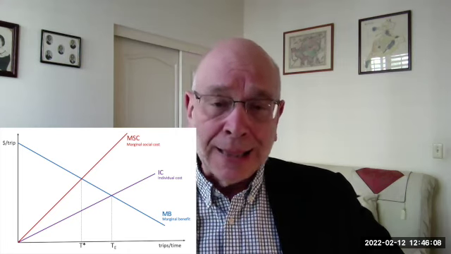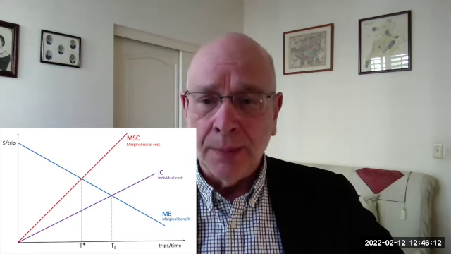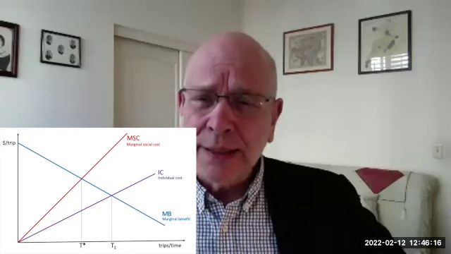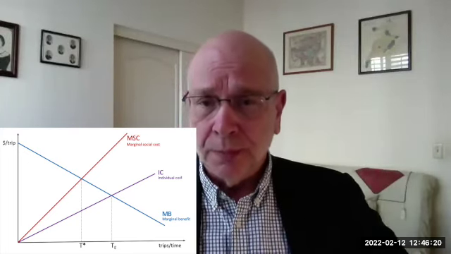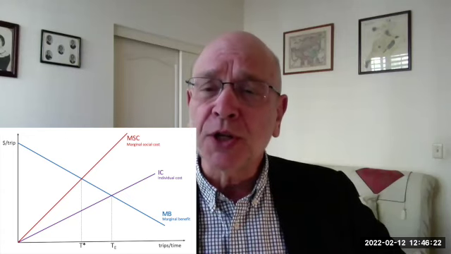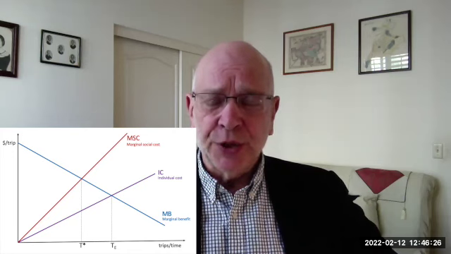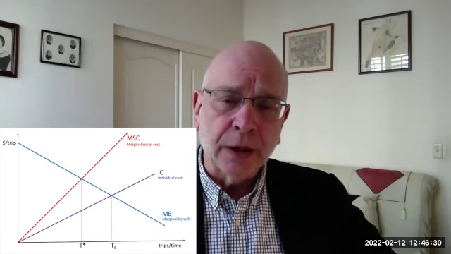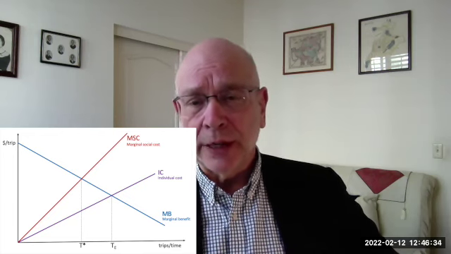So against the benefit of these trips is the cost. The IC curve here is the individual cost, the cost perceived by the individual of taking a trip. And that cost, as shown here, varies with the volume of trips that are already underway.